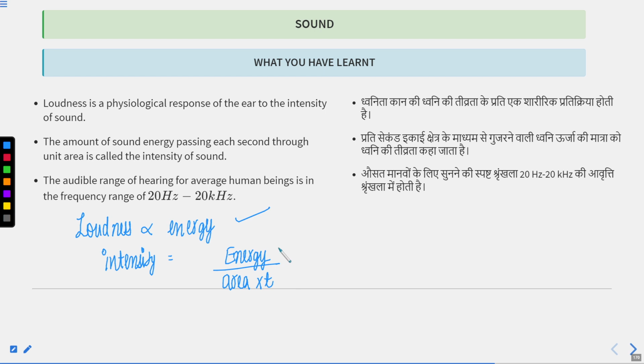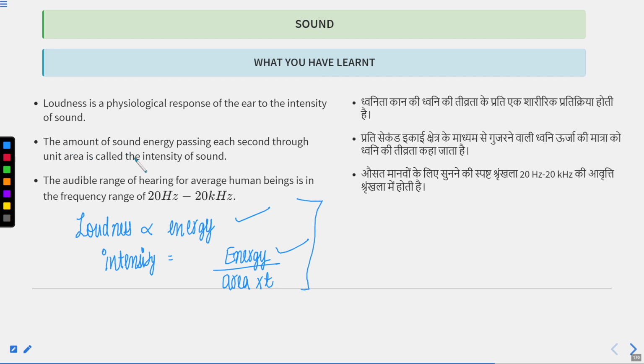Our brain interprets loudness and intensity as the same thing, but they are not actually the same. Loudness is a psychological response of the ear to the intensity of sound. If sound has higher intensity, our brain will interpret that it has high loudness, and our ear will respond to it.